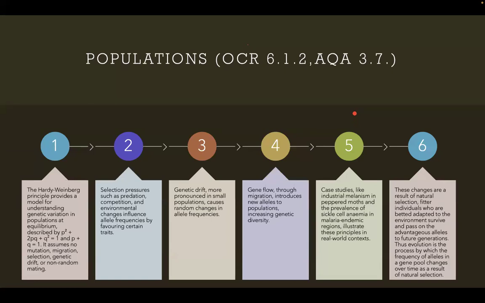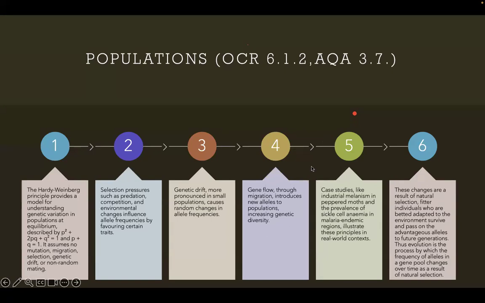If there's a small population there, they're all going to mate with each other and have kids. The gene pool will be quite restricted. And because of that, the genetic drift, which is basically the change in frequency of certain alleles, will become more pronounced. Because there's such a restricted gene pool, you'll get a lot more pronounced alleles and expressions of that in the phenotype.